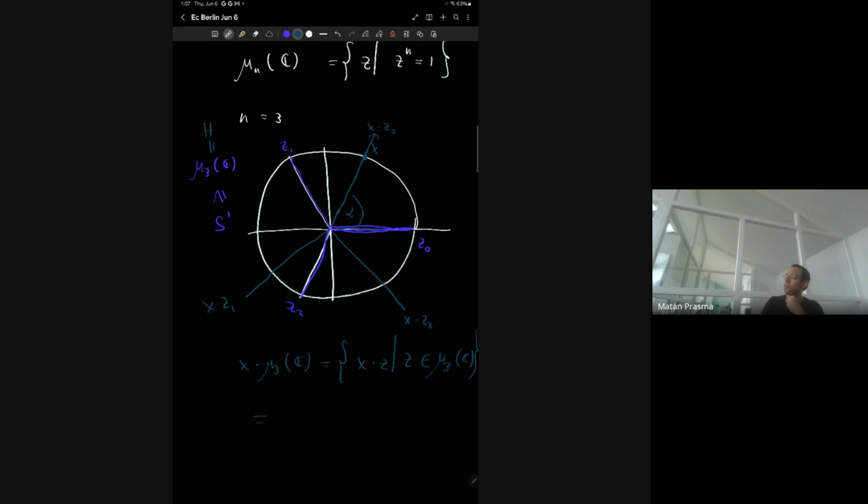Basically, you still take the group, which is the unit circle, S1. And you still have this complex multiplication, but you multiply by real numbers. So you just scale the circle. That would create cosets too, right?